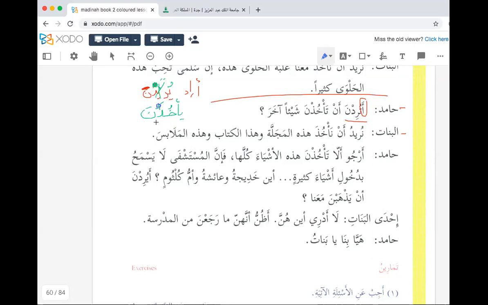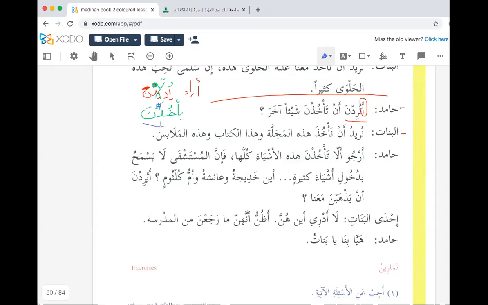Ya'khudna, because of the joining of noon and niswa. Ittisal noon and niswa. أتردنا أن تأخذنا. So from يريد and أخذ يأخذ.